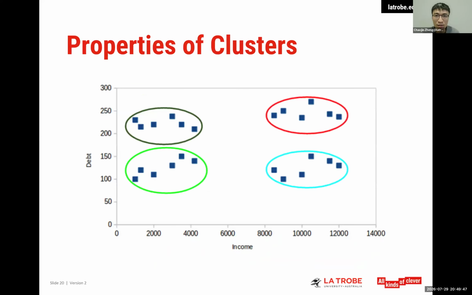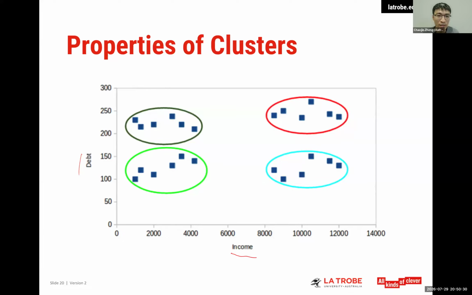Okay, let's see from a geometric point of view what we are looking for in the clustering task. In this example, the data come with two features, income and debt. With these two features, all the data points can be represented as 2D scatter points, distributed in this 2D space like this. But we don't know their belongings or their patterns beforehand.